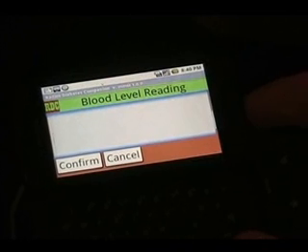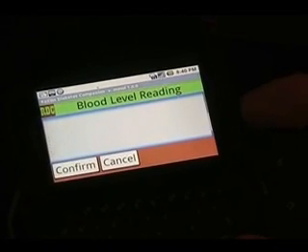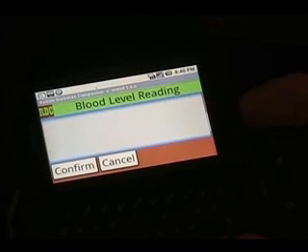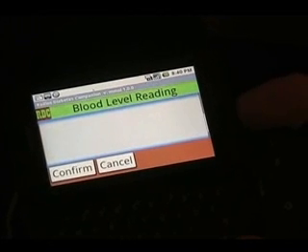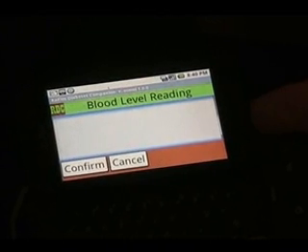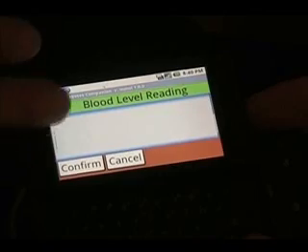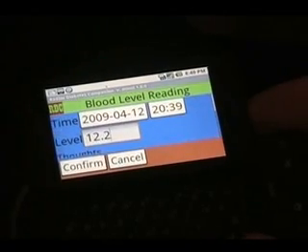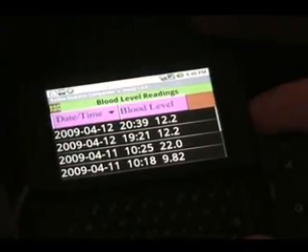And what I found was that I couldn't think of anything I had done that would make the blood sugar level go so low. Sometimes it's nice if you know what caused it, but if you don't, you don't. And then you just click confirm, just like the other one.